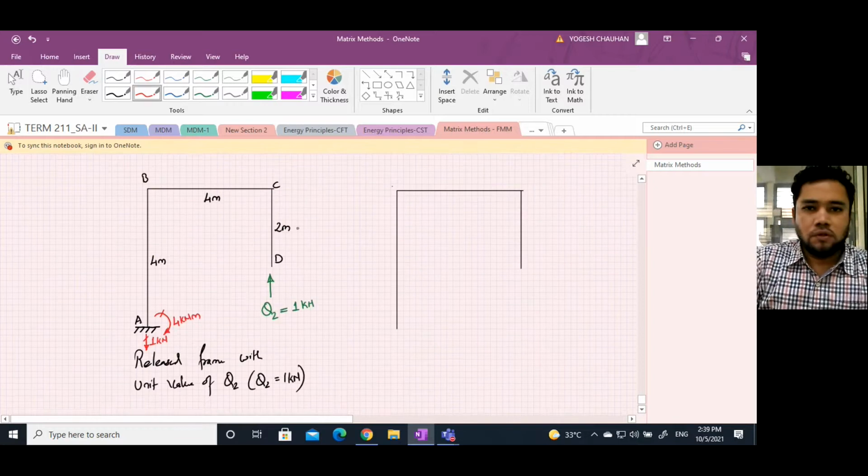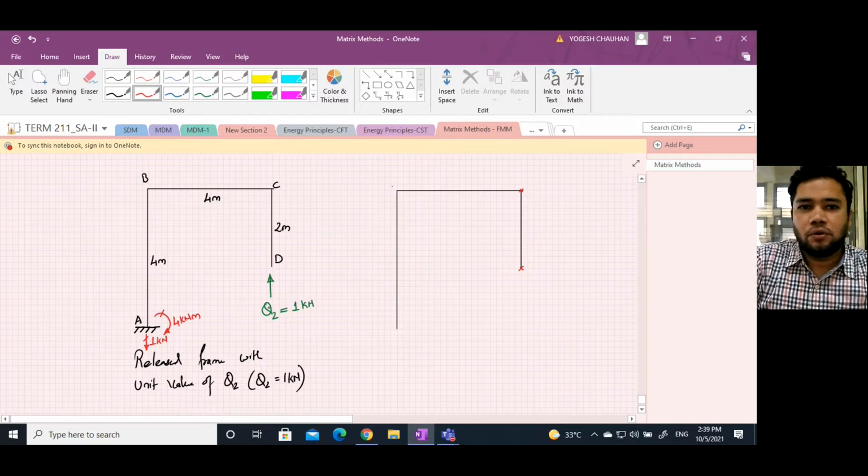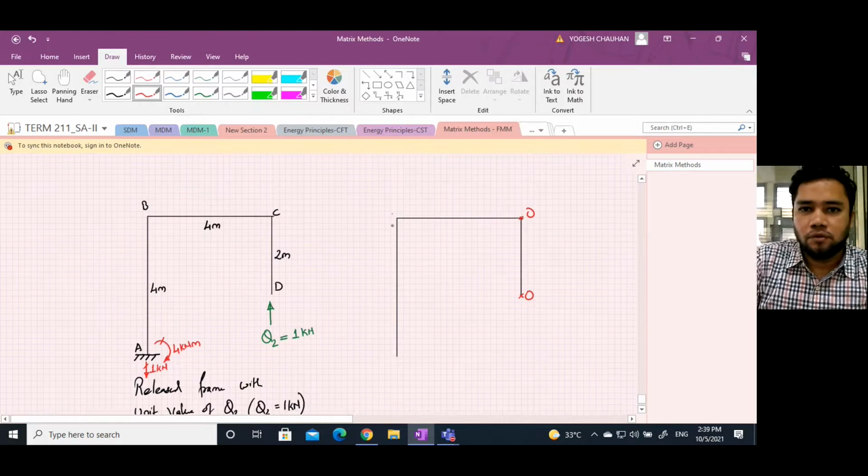So the bending moment here will be 0, because this load acts along the line of action of this member. So 0, 0. Now 1 into 4 will be the bending moment at B, so it will be 4.